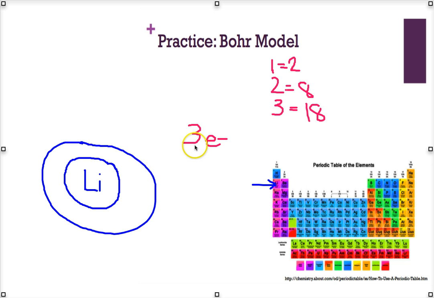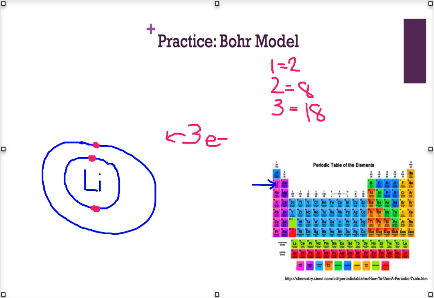Since we have 3 electrons in lithium, we're going to put the first 2 on the first energy level, the one with the least amount of energy. And then we're going to put our final electron on the next energy level. So this is the Bohr's model for lithium.